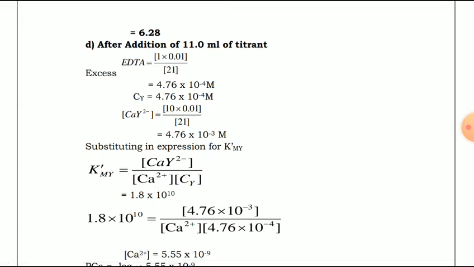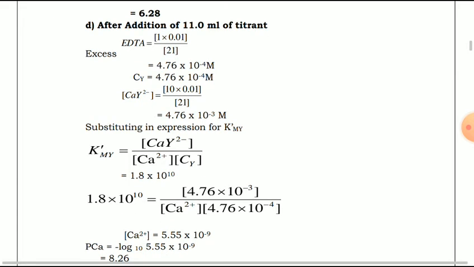Then the concentration of calcium 2+ is equal to 5.55 into 10 raised to minus 9. Then pCa is equal to minus log of 5.55 into 10 raised to minus 9. The value of pCa after addition of 11 ml of EDTA from the burette is 8.26.